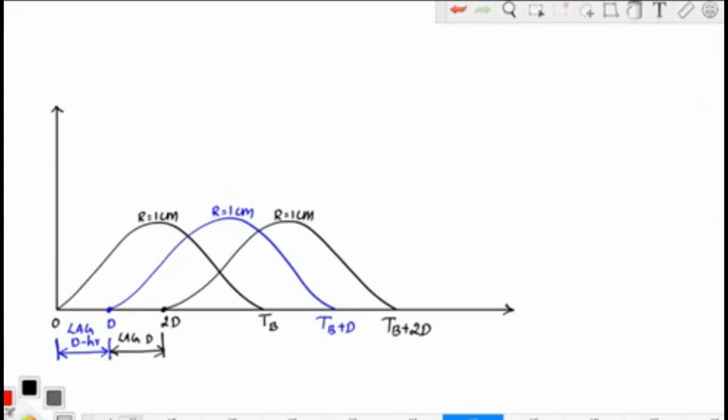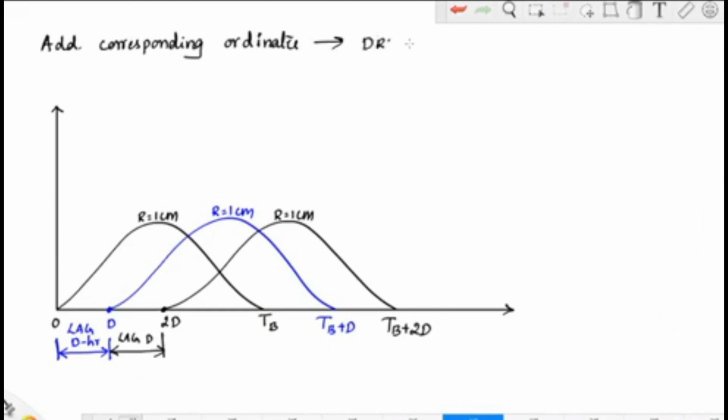If you add the corresponding ordinates, it will result in a DRH due to R equal to 3 centimeter, that is nothing but M centimeter.